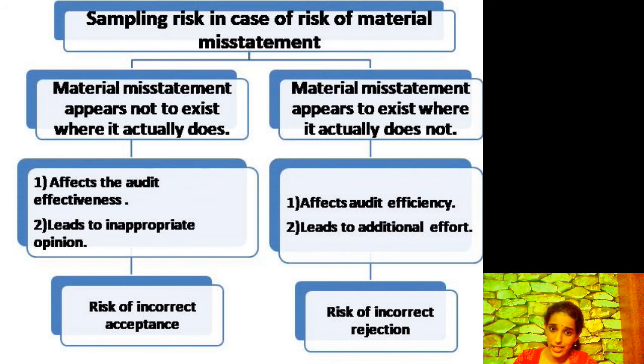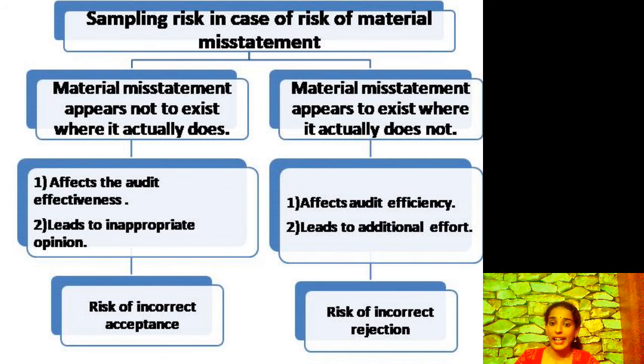This 80,000 amount is material to the company. In that case, there is a material misstatement happening, but it appears not to exist where it actually does. In the eyes of the auditor, controls are effective, as a result of which this is not a material misstatement. This is a normal loss.